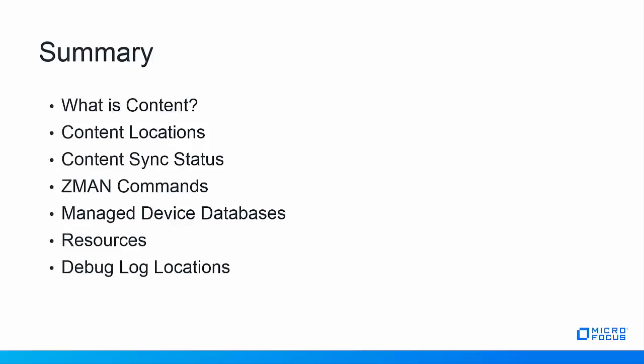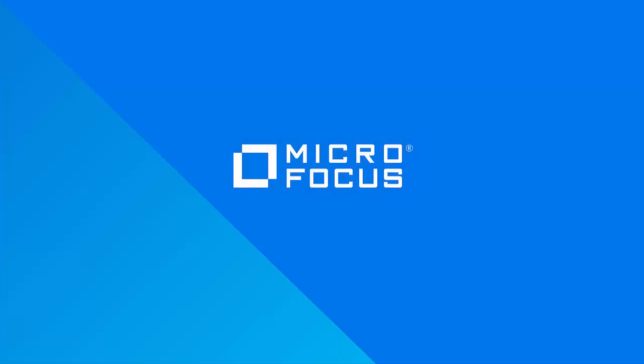We briefly covered the ZENworks Managed Device databases that holds all of the statuses and tracking of the content and file information. And finally, the different resources and debug logging information. This concludes this video on how to diagnose content in the ZENworks Configuration Management 2017 Update 2.